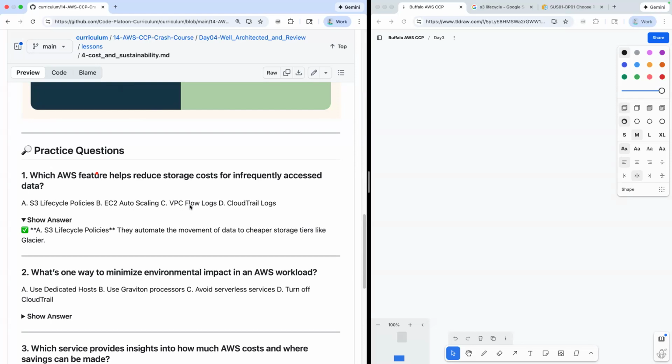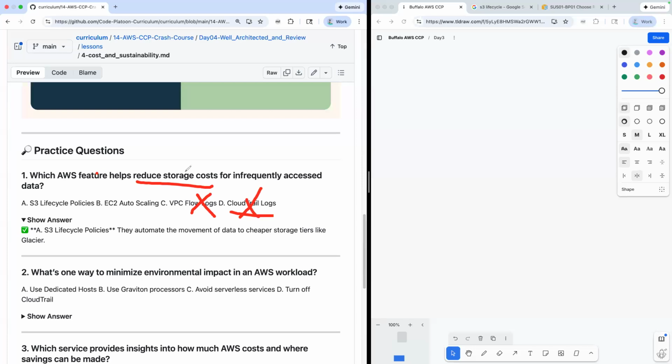Let's talk about C and D. I don't know what a VPC flow log is, but I know it's got something to do with logging data because it's got logs in the name. If we're talking about logging, I'm guessing it's not going to have to do with reducing storage costs. CloudTrail logs, again, logging because it's got logs in the name. I'm guessing it doesn't have to do with storage costs. So I'm going to cross these off.